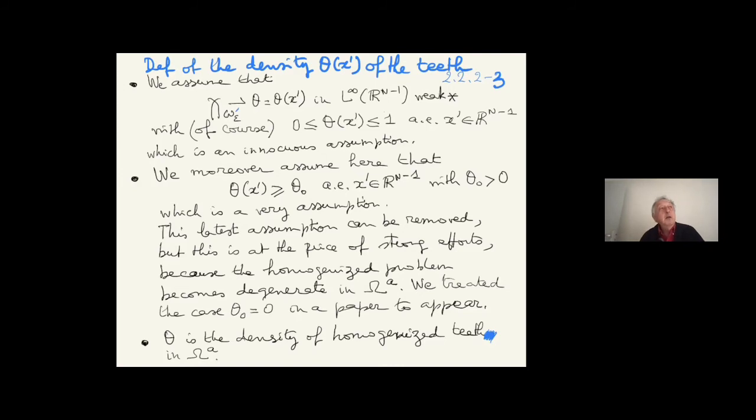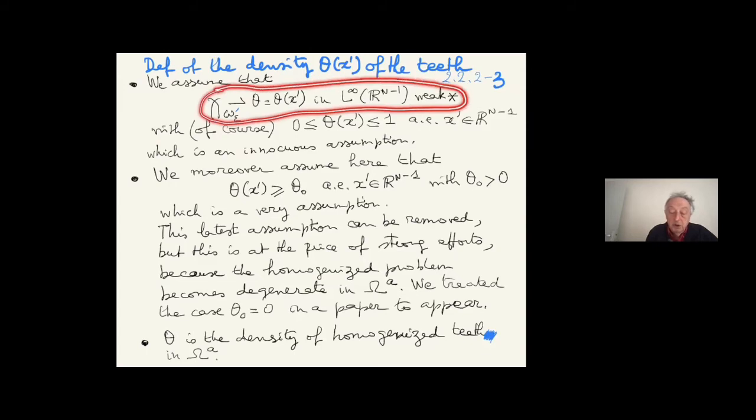Those are characteristic functions of open sets. So this characteristic function is in L infinity of R^(n-1), and I assume that there exists some theta, which is a function in L infinity of R^(n-1), such that the characteristic function converges weakly star in L infinity to theta, with naturally theta between 0 and 1 almost everywhere in R^(n-1).